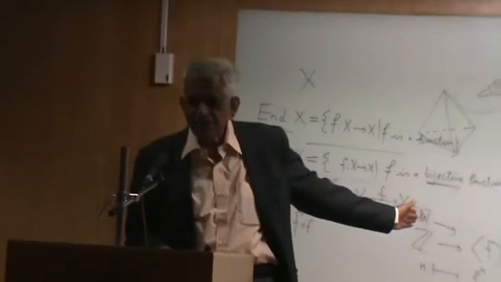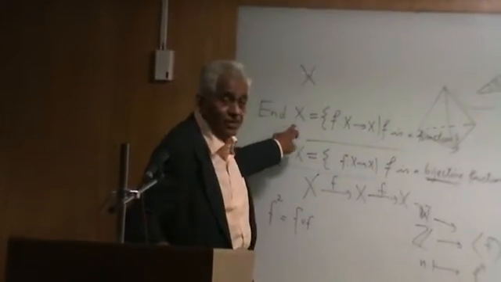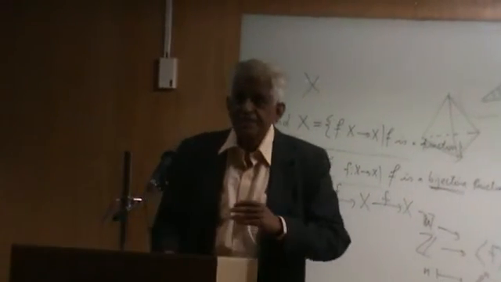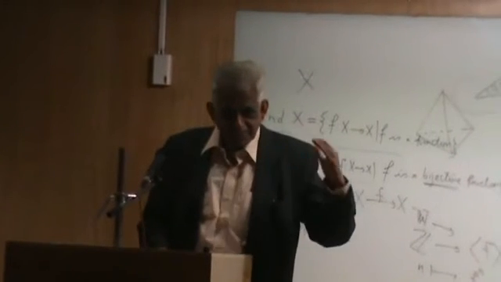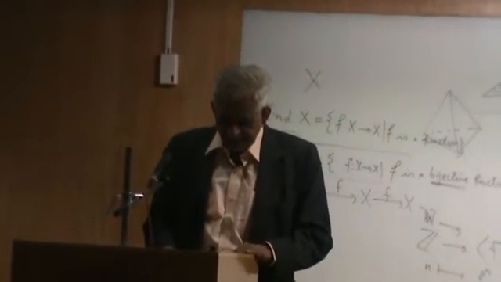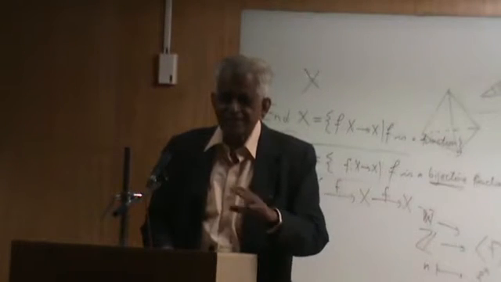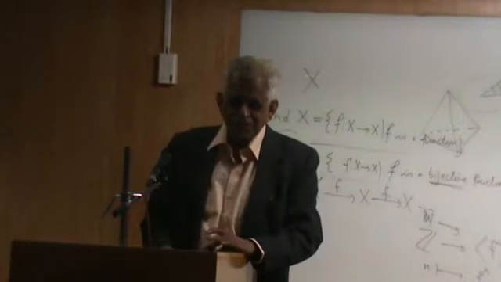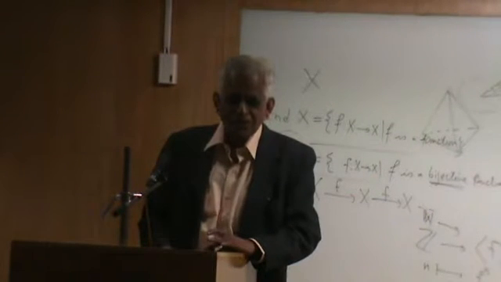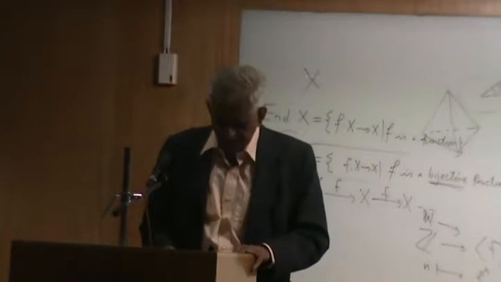And if it is not invertible, then this End X is called a semigroup. That also develops in computer science in many ways. It's called a monoid. In mathematics, I think monoids were not used as much as the groups were used. But with computer science, enormous development has taken place.